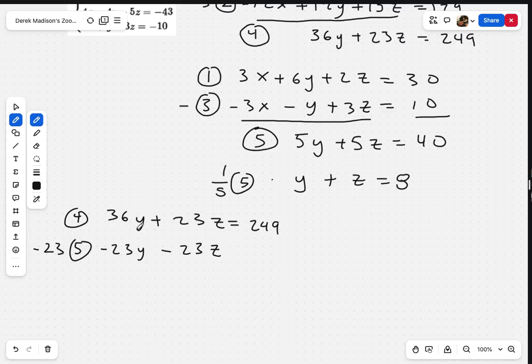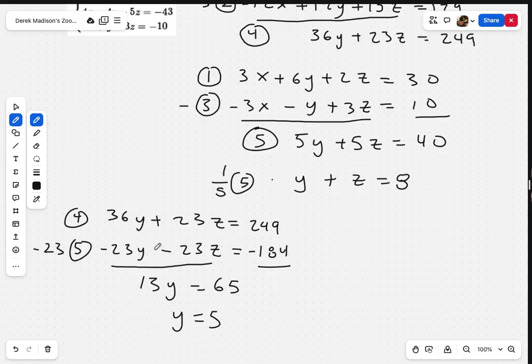I picked the 23 because it's a smaller number. And then what does this come out to? 8 times the 23 would be negative 184 on this side. And so subtracting there, we're going to get 13y. And then on this side, we're going to get 65. And then kind of miraculously, y equals 5.